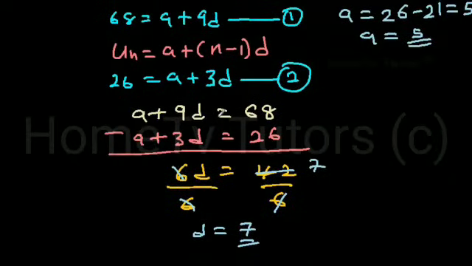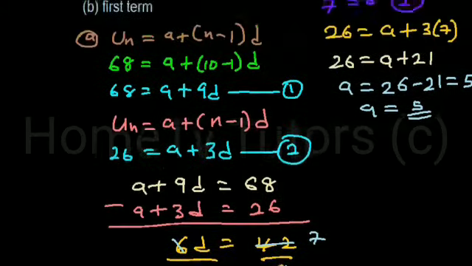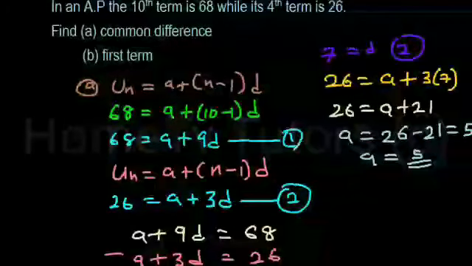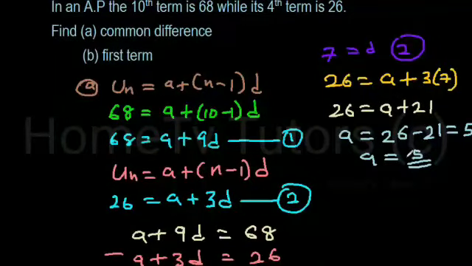Then you get the value of d. Then you substitute the value of d in any of the equations, it could be equation 1 or equation 2. Then you arrive at an answer for the first term. So we're going to see more examples in the next video.